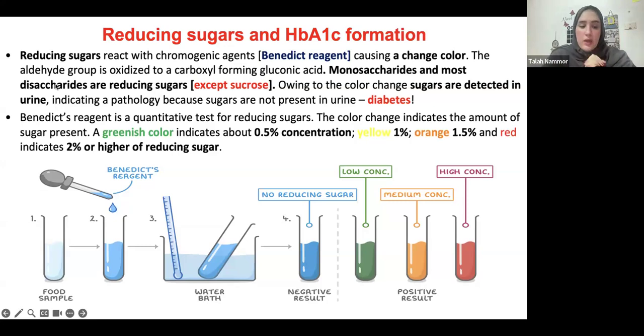When a patient has diabetes, the warning signs that alert doctors that someone might have diabetes are basically the three symptoms: polyuria, polydipsia, and... polyuria means you go to the bathroom a lot, and polydipsia means you drink a lot of water.